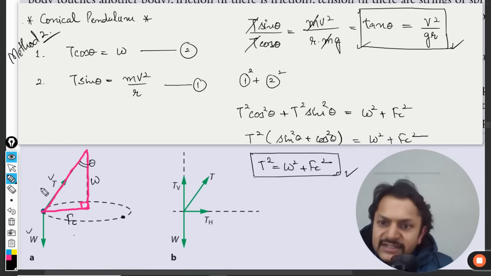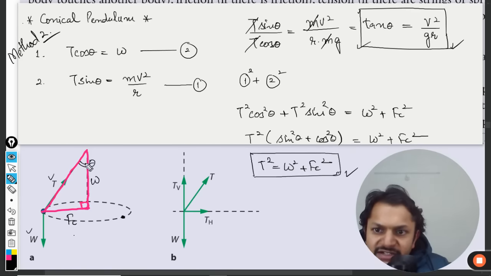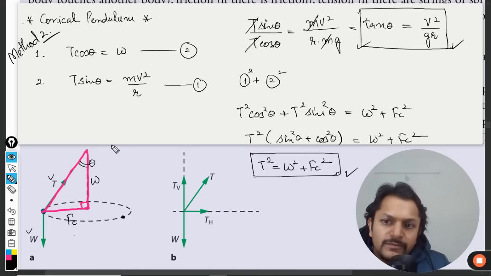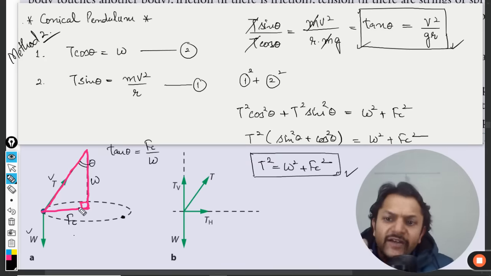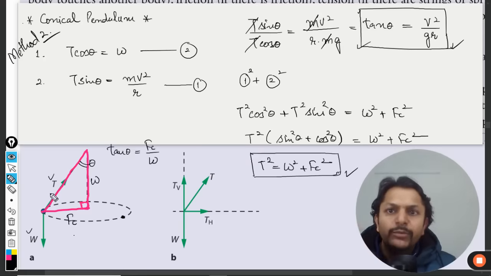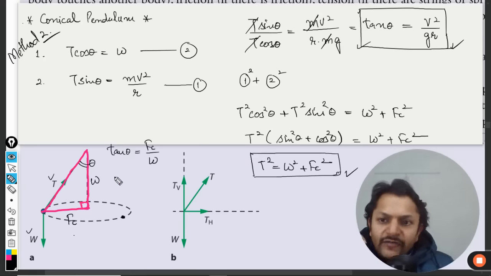Now just see, in this triangle tan theta is equal to Fc by W. You can also write sine theta is Fc by T, and cos theta is W by T. And when it comes to the right angle triangle, there is a Pythagoras theorem also.